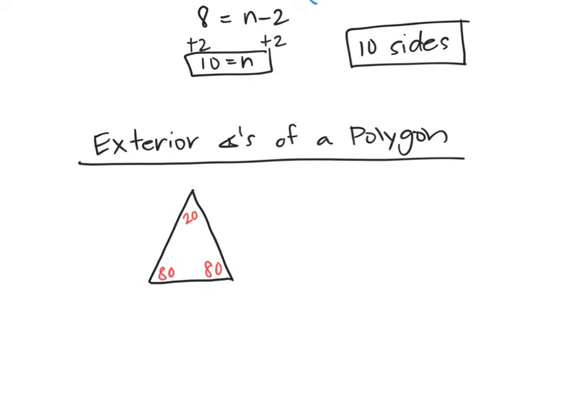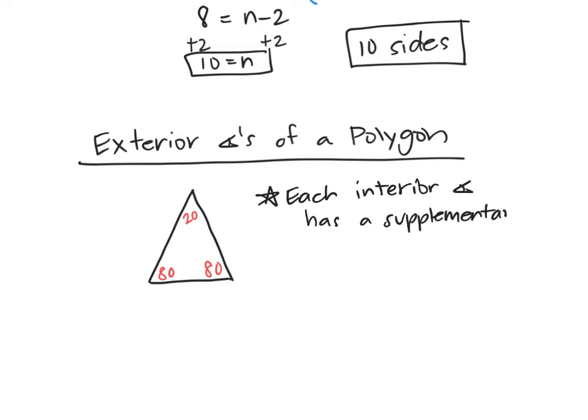So I'm going to write here that each interior angle has a supplementary, we know what that word means, exterior angle. And I'll show you what I mean. If I pick an interior angle like 80, I'll pick this 80 on the bottom right here.